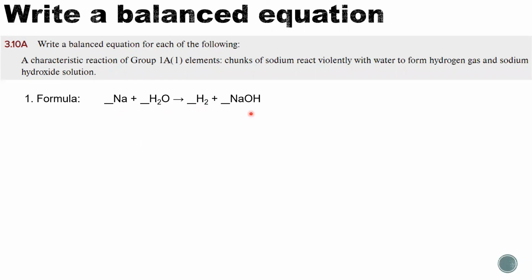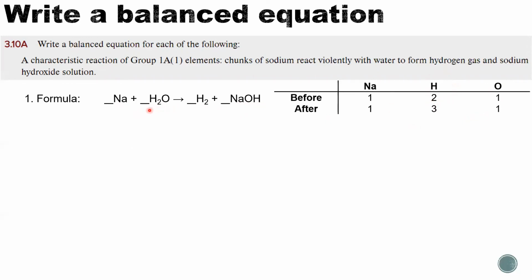Okay. Then we can count how many atoms before and after reaction. Before reaction, we have 1 sodium, 2 hydrogen, and 1 oxygen. After reaction, we have 2 hydrogen plus 1 hydrogen that equals 3 hydrogen, 1 sodium, and 1 oxygen. Then we can tune the coefficient. We need to add more hydrogen before reaction.